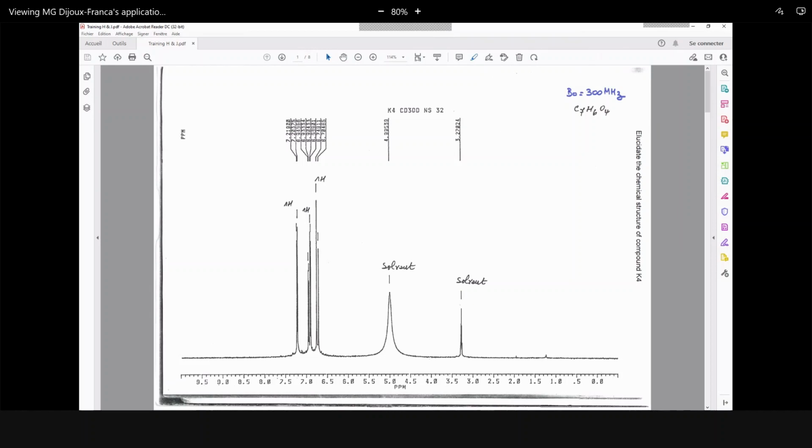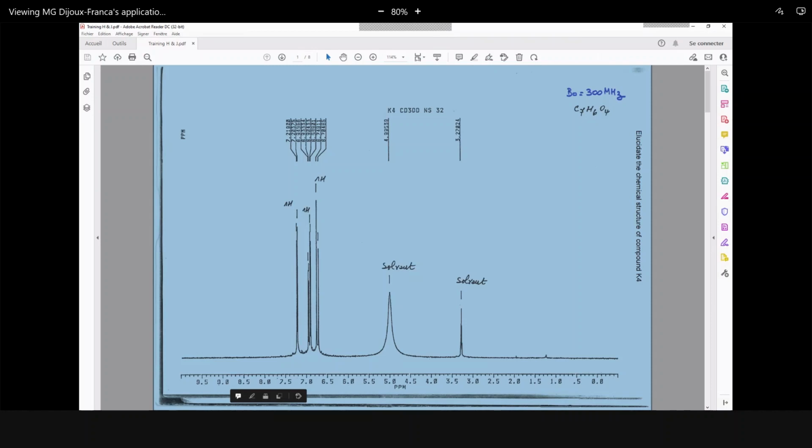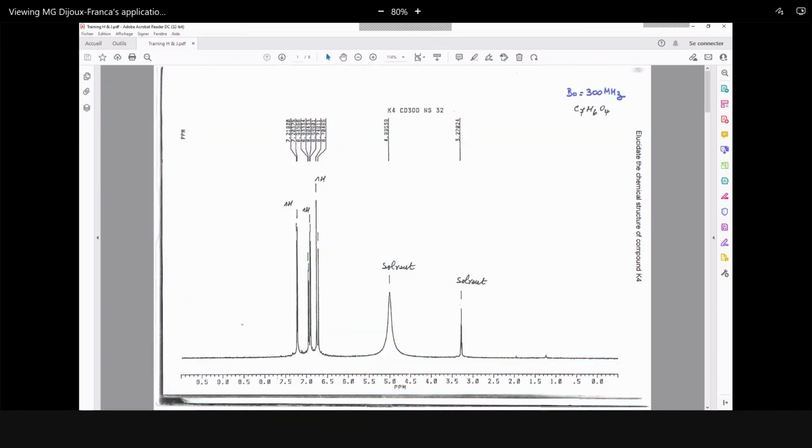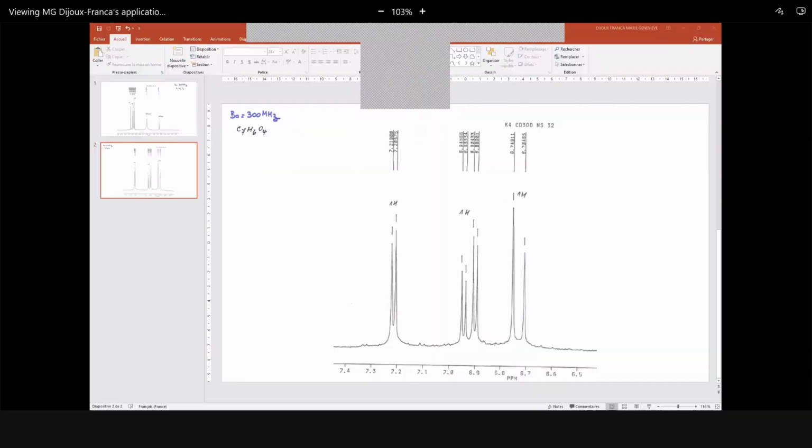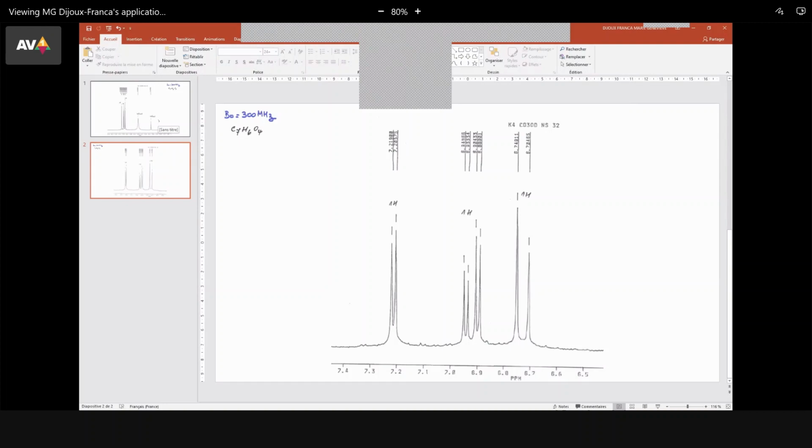I can't use my stylus. How can I do that? Maybe you can copy the image to Paint or something. Yeah, that's what I was thinking about. Okay.